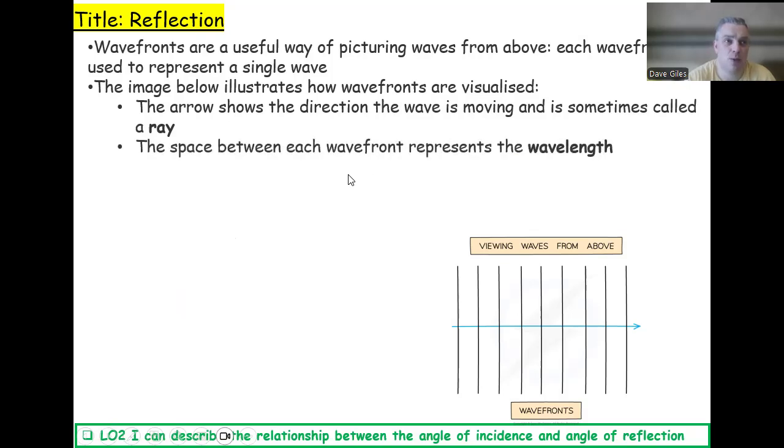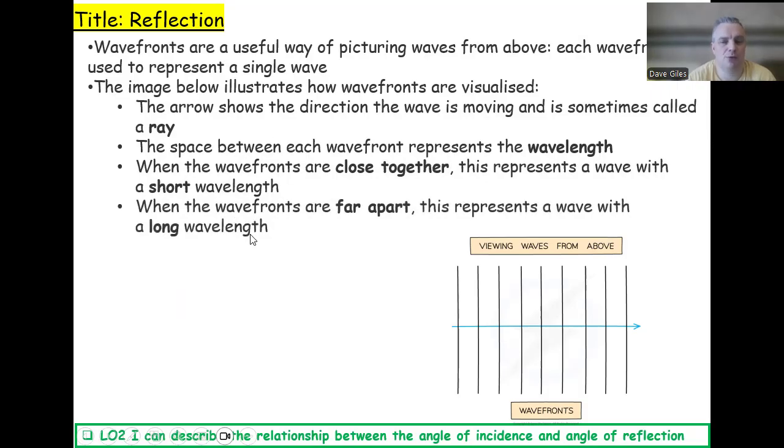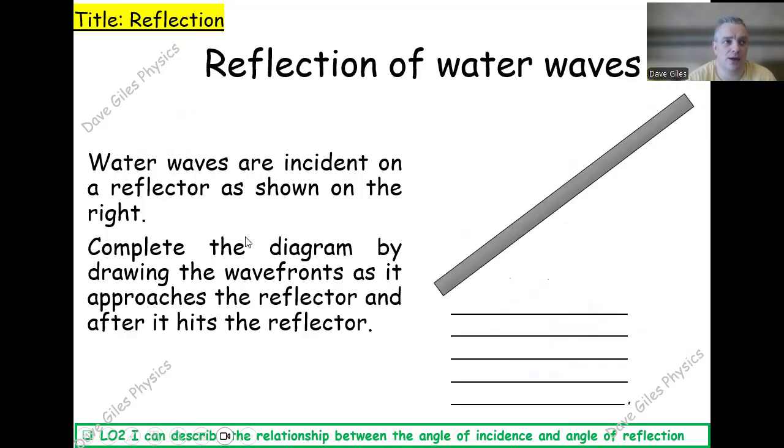The space between each wavefront represents the wavelength, as I already mentioned. When the wavefronts are close together, that represents a short wavelength, and when they're far apart, that represents a long wavelength.